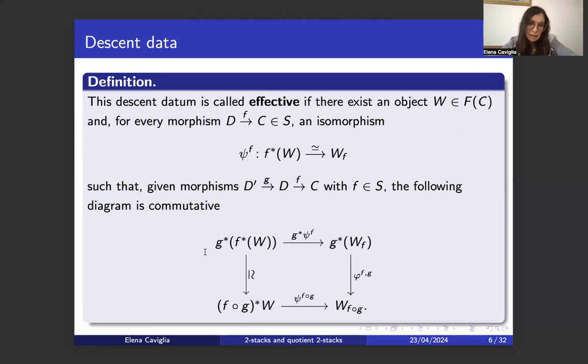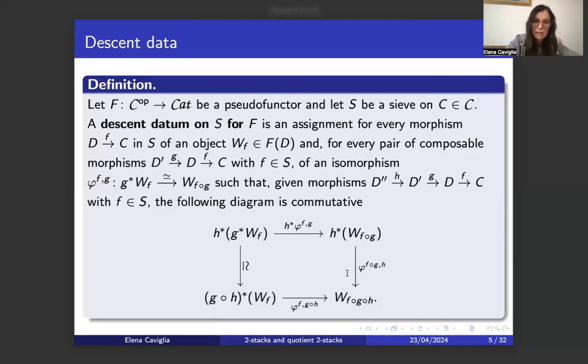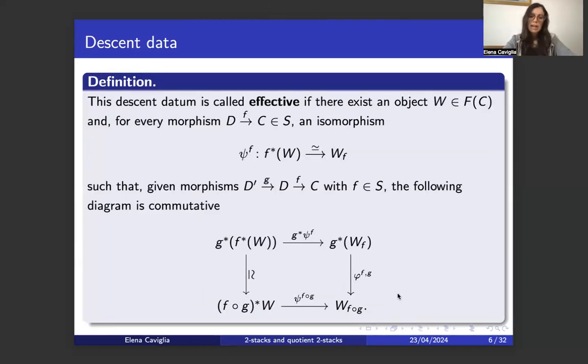And here we can find the compatibility condition that is satisfied by this isomorphism of F. And this kind of looks like the one of the previous slide, so the cocycle condition, if you remember it. I show it for a second. So this condition is really similar to this one.